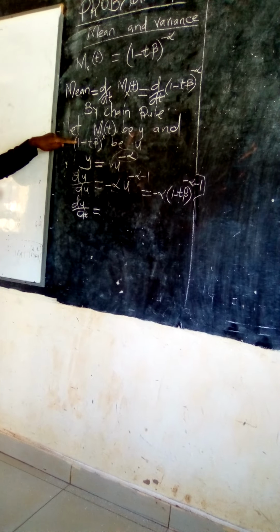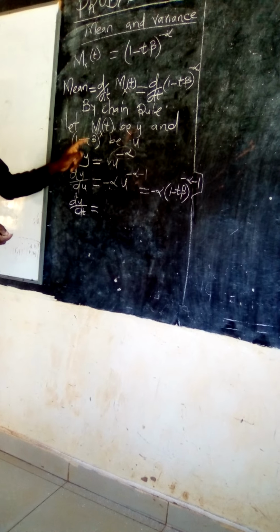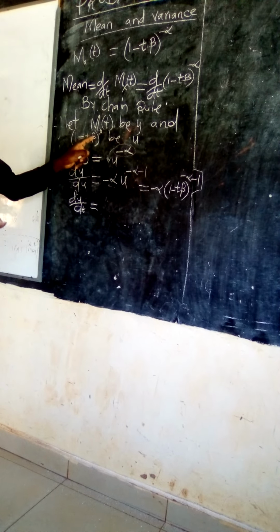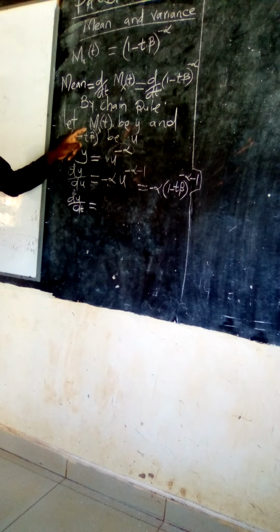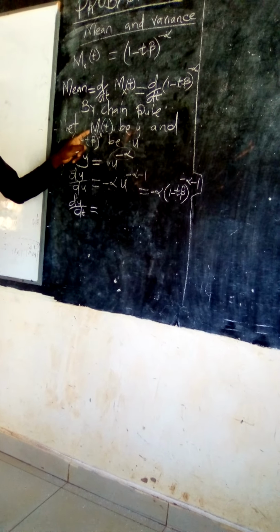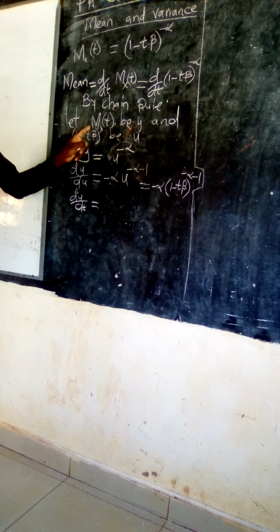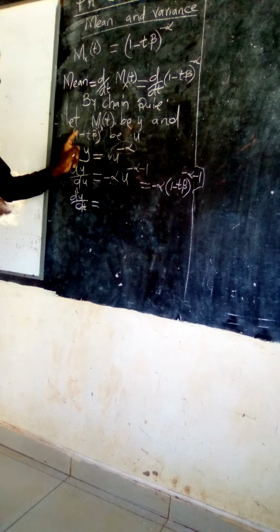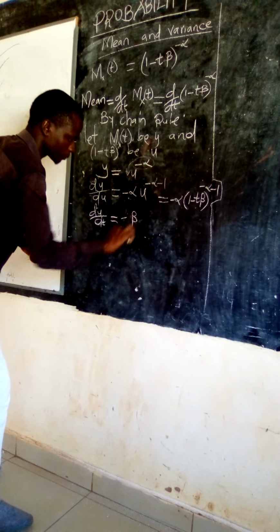When you differentiate a constant, it is 0. Then when you differentiate negative tb, you will end up with negative beta only, because for this t you subtract 1 from the power, and you end up with 0 as the power, and anything raised to 0 is 1, which will not change the negative of the beta.